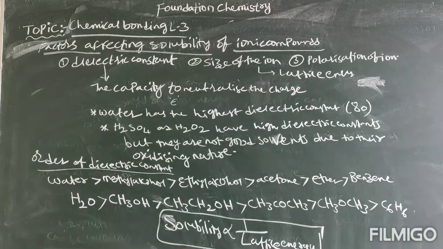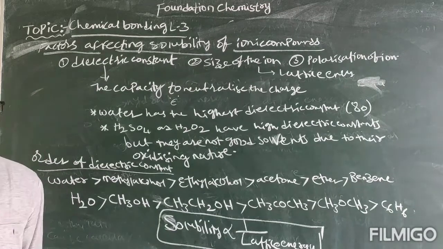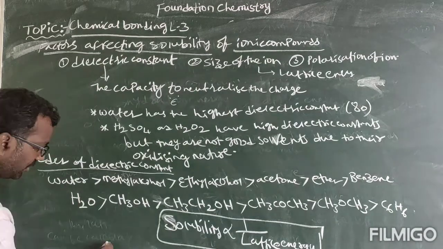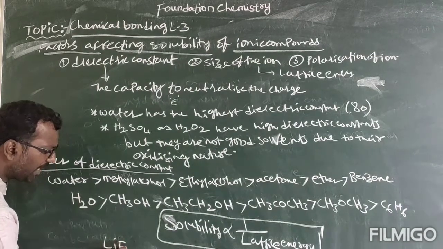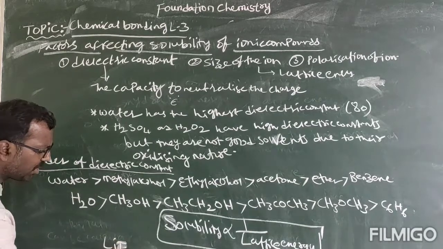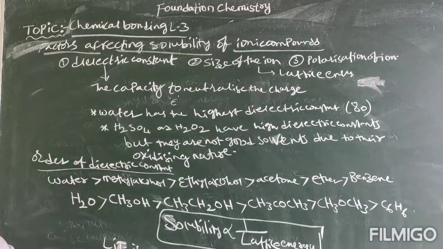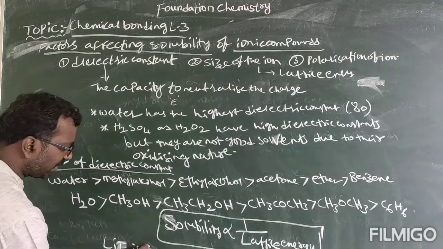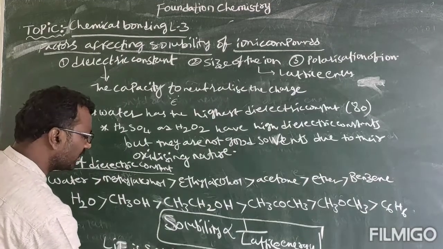And you can see the 7th group elements forming compounds with the first group, that is lithium halides. Lithium fluoride is sparingly soluble in water, while lithium iodide is soluble in water. This is the special case.